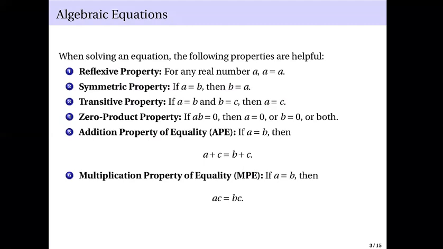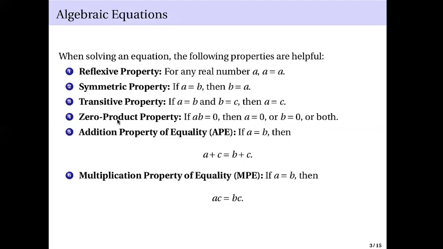Alice is a sibling of Bob, and Bob is a sibling of Charlie. Then Alice is also a sibling of Charlie. So they are related by brothers or sisters. That's the transitive property.